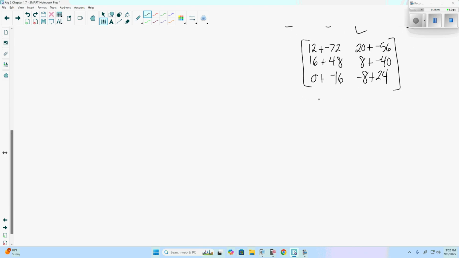Now when we do, 12 plus -72 is going to be -60. 20 plus -56 is going to be -76. 16 plus 48 is going to be 64. 8 plus -40 is -32. 0 plus -16 is -16. And -8 plus 24 is going to be 16.